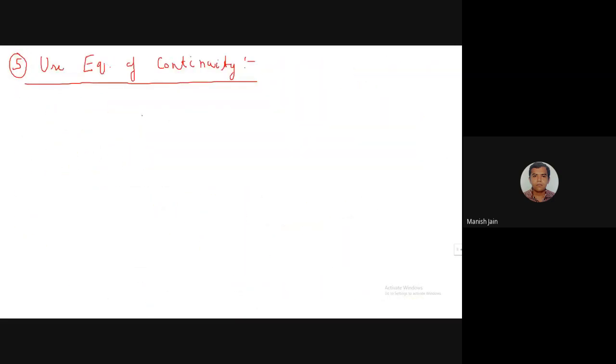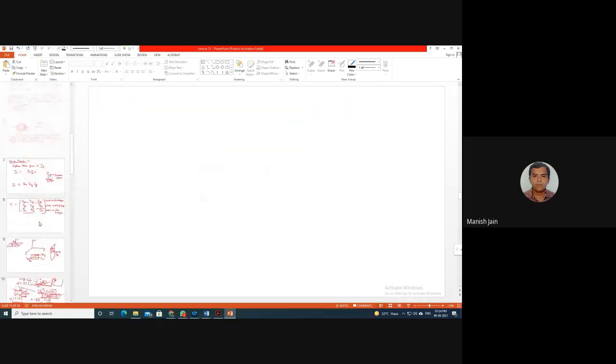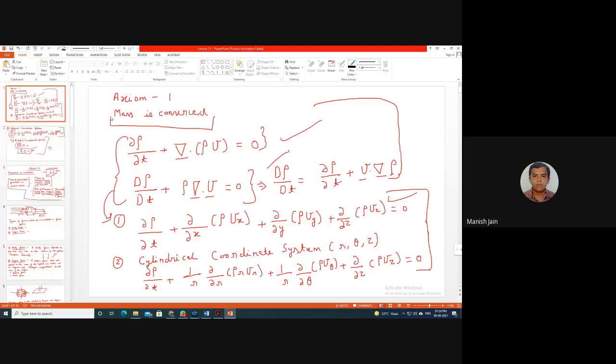The equation of continuity for an incompressible system is del dot v equal to 0. That is the equation of continuity in vector form. Now you have to write the equation of continuity for the cylindrical coordinate system. I have already written the equation of continuity in the cylindrical coordinate system here.